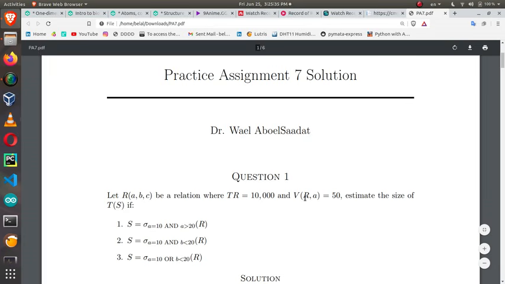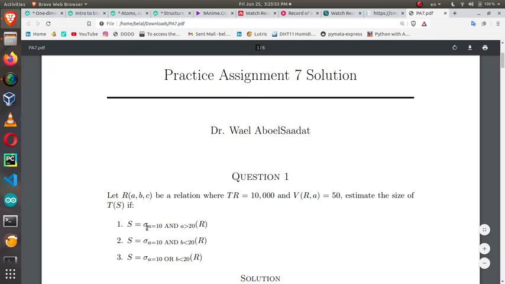The number of distinct values in table R for attribute A equals 50. Estimate the size of T of S if S is each one of the following select statements. Okay, so let's start with the first one.